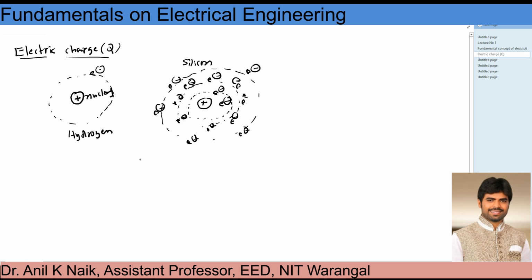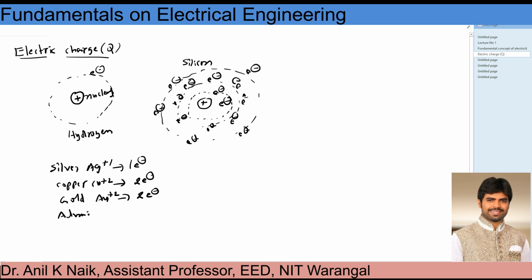Similarly, if you take some other substances like silver, this is Ag plus 1, and 1 electron is free, and the copper has 2 electrons available, and the gold, these are the free electrons, and the aluminum has 3 electrons.